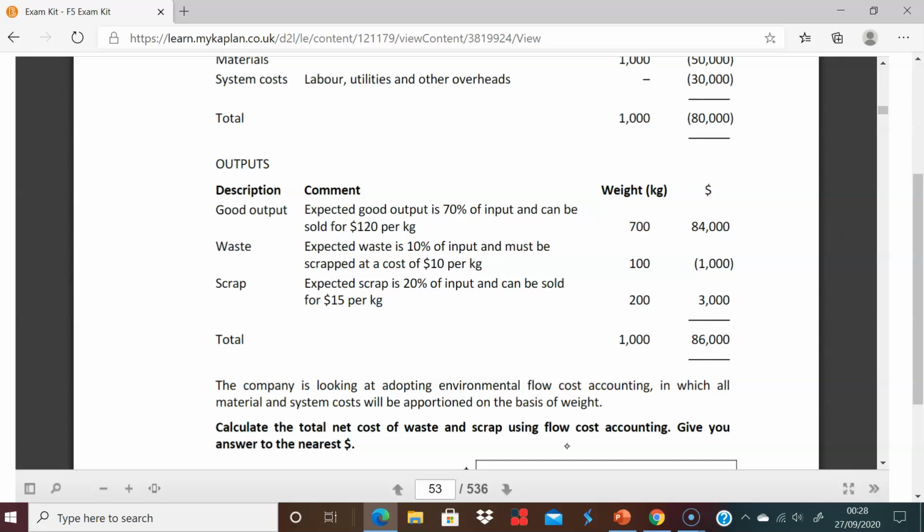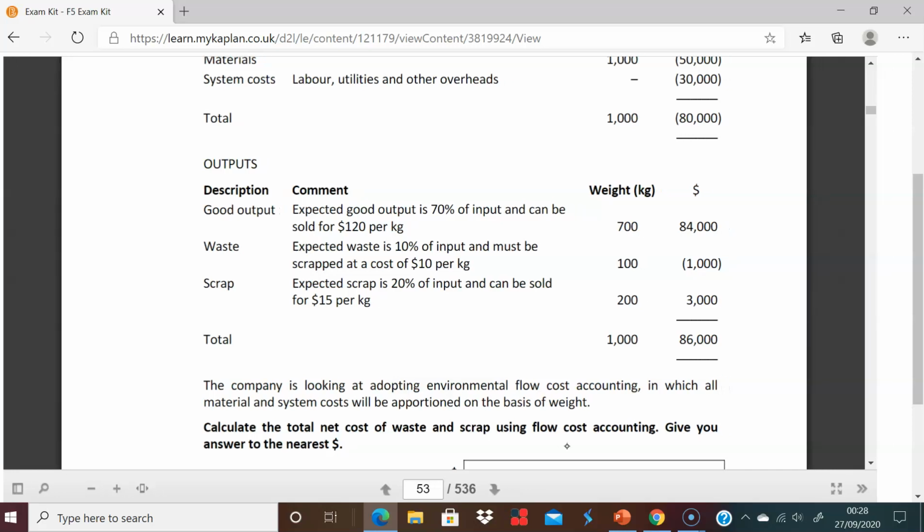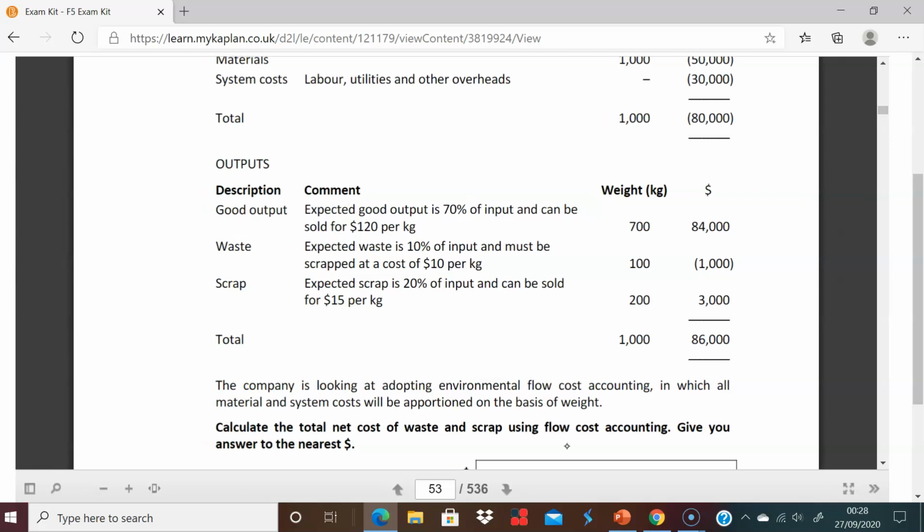And then we have scrap of 300. We know that because the 700 was good, and of that 1,000 kilograms, that's what comes out. So in total we have scrap of 300.